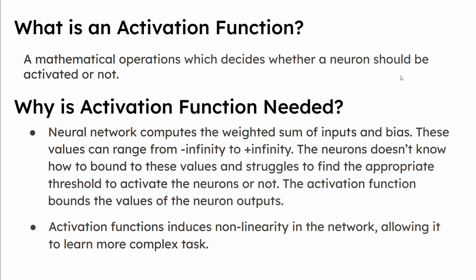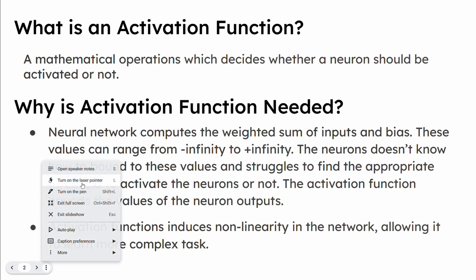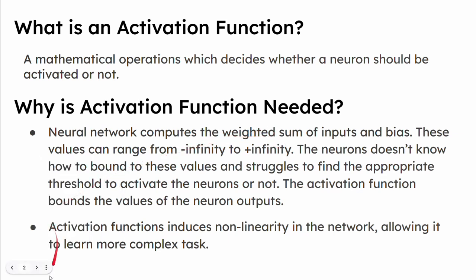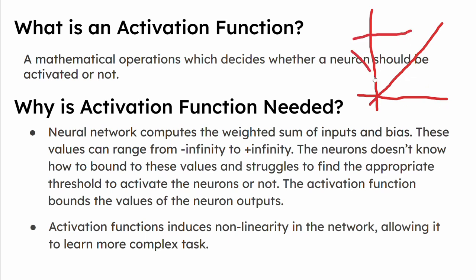If the input value decreases, the output decreases. Let me show. Linear is basically a straight line. It can pass here, or this straight line, or this straight line. So it's linear. With an activation function, we induce non-linearity in the data.